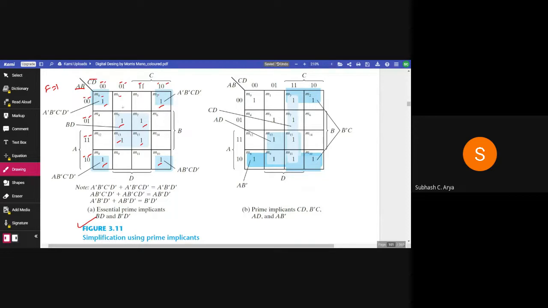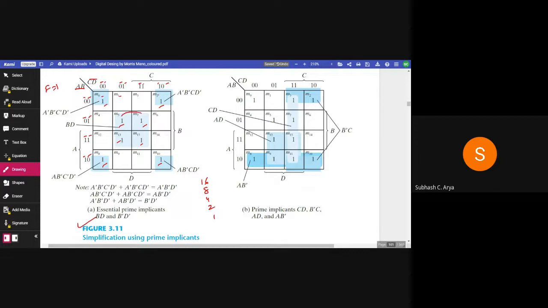Now, what is happening here? We try to make the maximum possible number of adjacent ones. Since it is a 16-cell map, the maximum possible group may be a group of 16 ones, a group of 8 ones, a group of 4 ones, and a pair. And if it is not forming a group, then we leave it like that. Here we can see these four ones are adjacent: M5, M7, M13, M15.